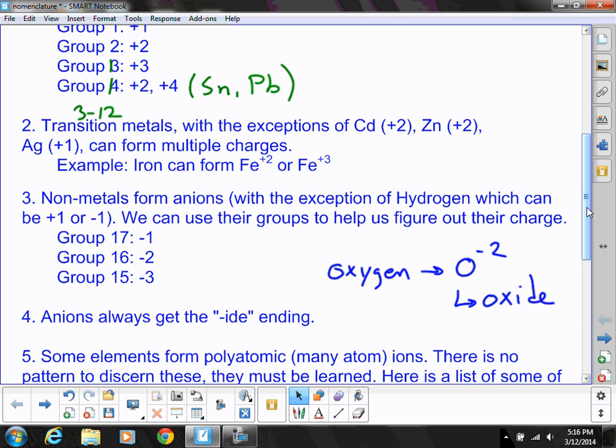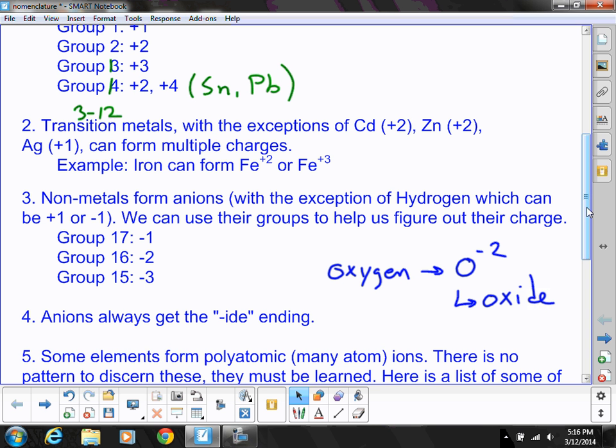Probably have never heard anything referred to as oxygenide before. If we take off the N, it'd be oxygeide, which also sounds funny. Oxygide, oxide. You probably have heard things with the name oxide in it, so there we go.